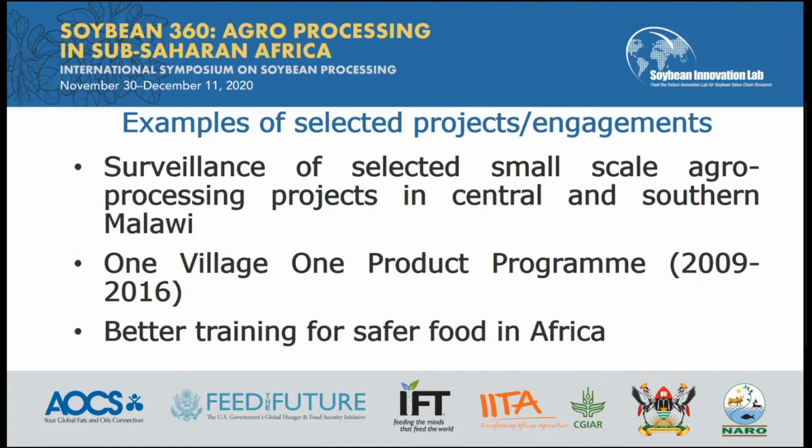So we wanted to have an understanding of the problems that these small-scale processors face. And then we were involved with the One Village, One Product from 2009 to 2016, providing them the services that I have talked about. I would like also to mention here that after this project was phased out, all the agro-processors, which are many cooperatives, were absorbed by the Ministry of Trade and Industry.